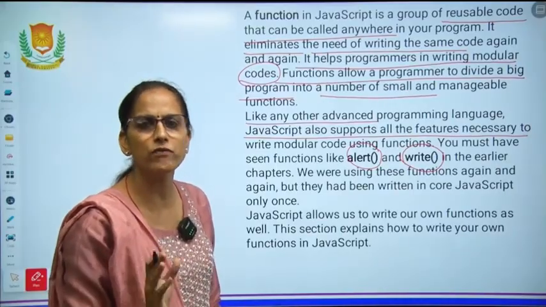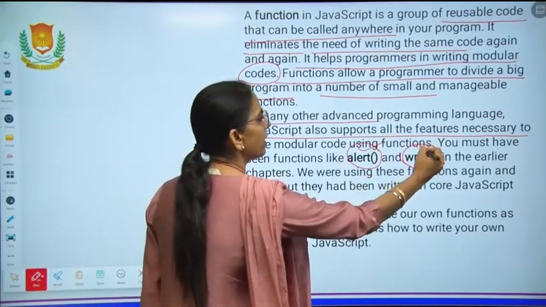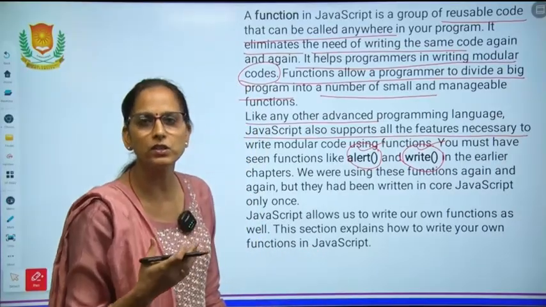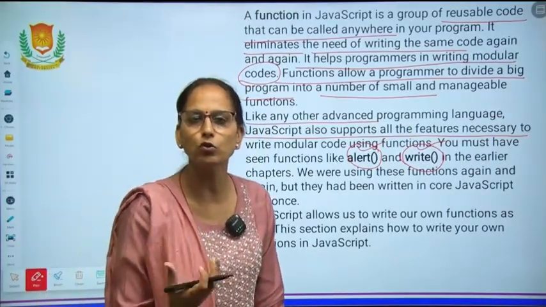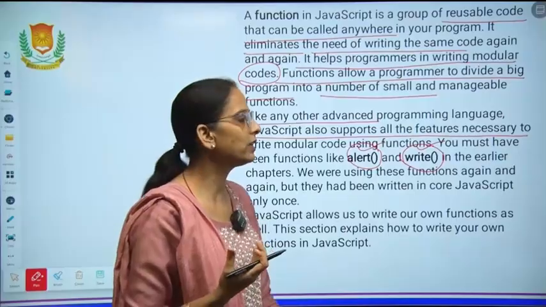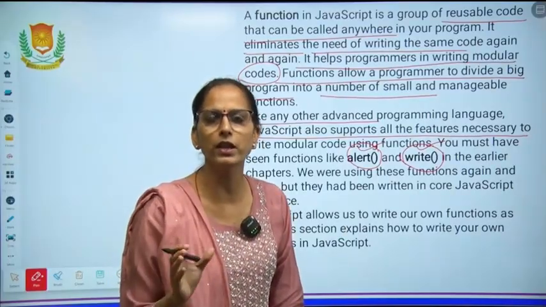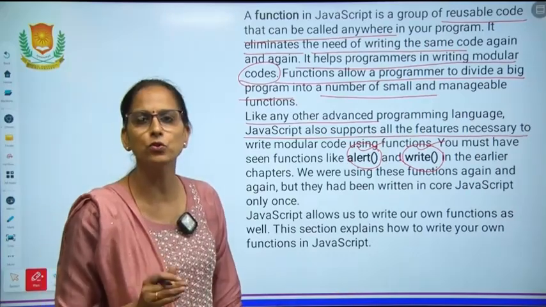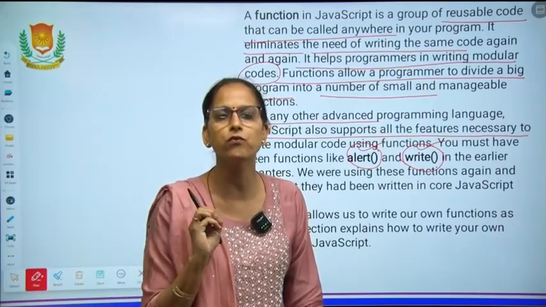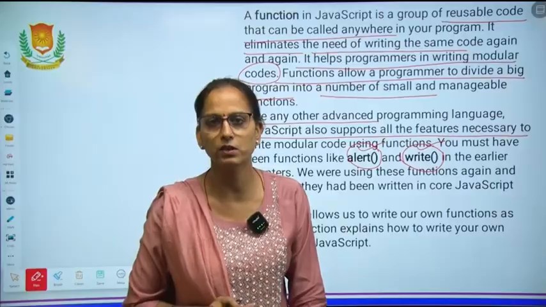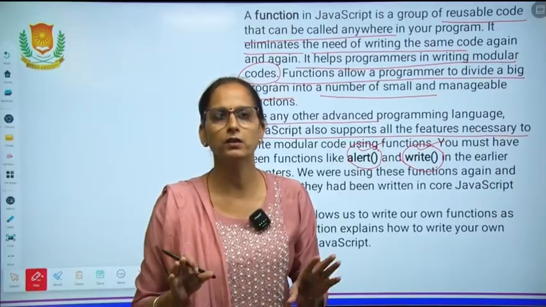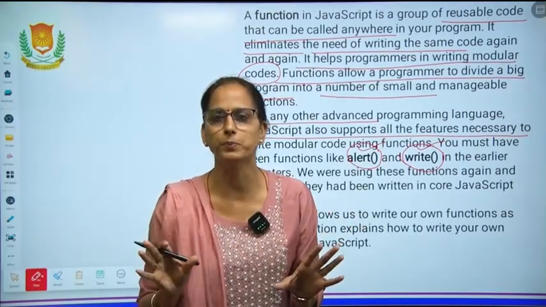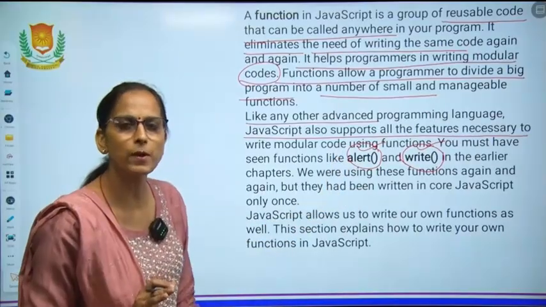We use alert and write in every program. These are the functions which are used to display output on the screen. Write displays the information on your web page basically, and the alert function is used to display the information in the form of pop-ups on the screen. So these are two separate functions.